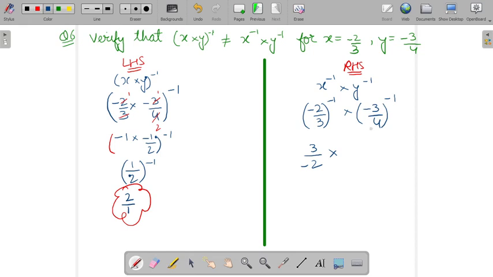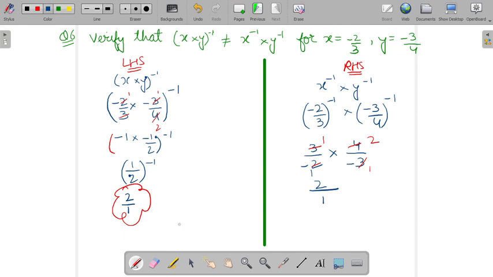Similarly you will find the reciprocal of this, so it would be 4 upon minus 3. So what should be the next step? Since it is in multiplication form, we can cancel. So cancel the term. Here also you can cancel. So you would be getting upper multiplied with upper, so 2 upon minus 1 multiply minus 1, so it would be 1.